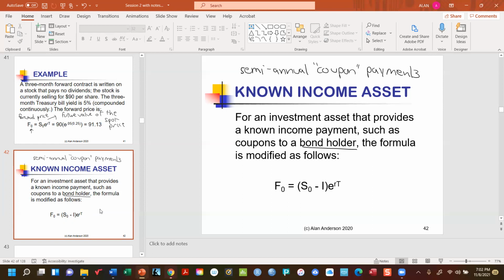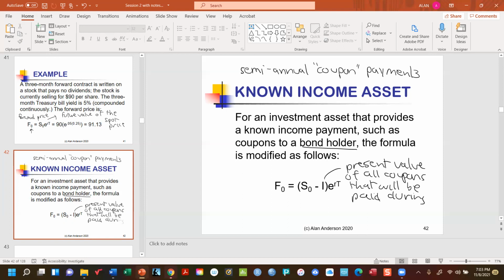This I is the present value of all coupons that will be paid during the lifetime of the contract.